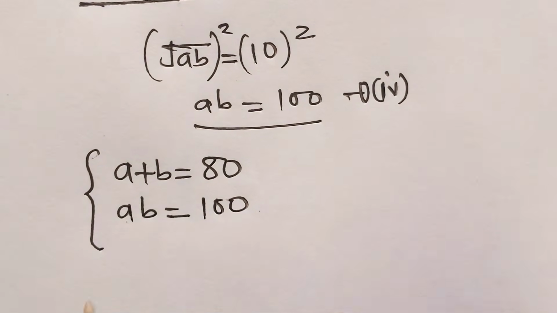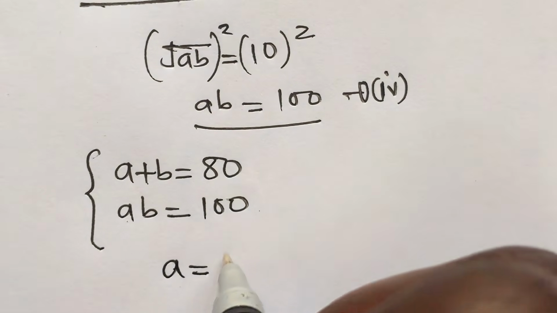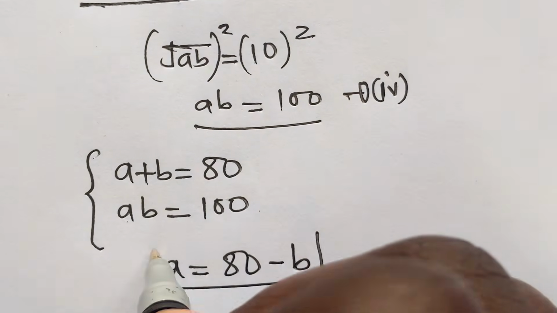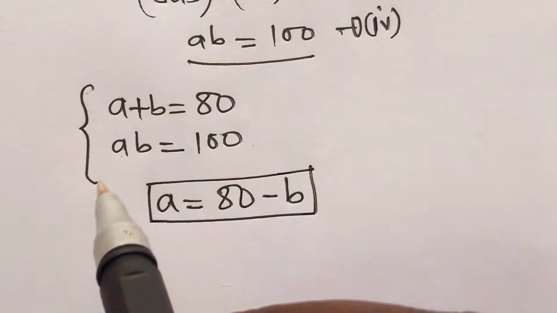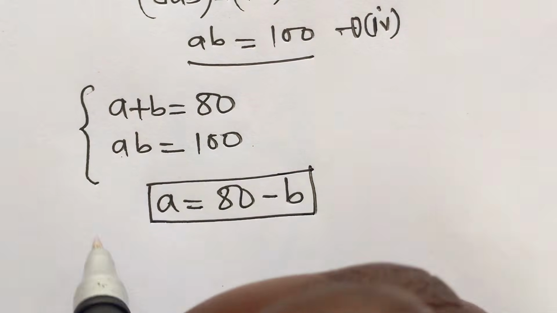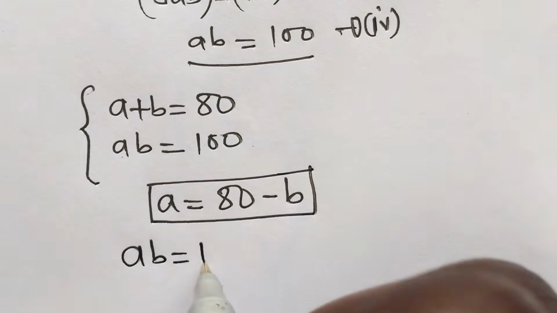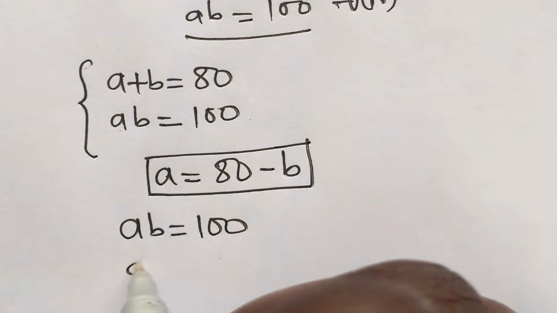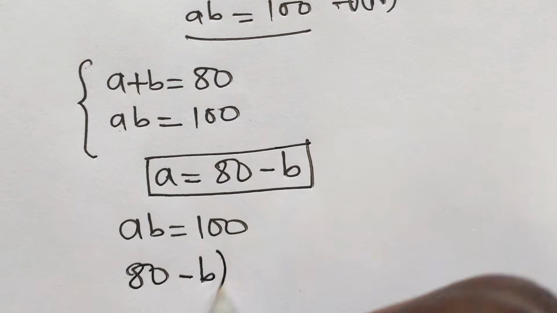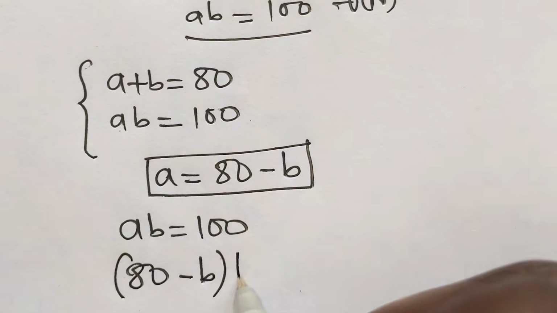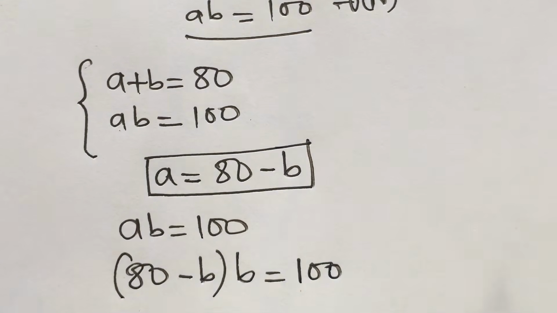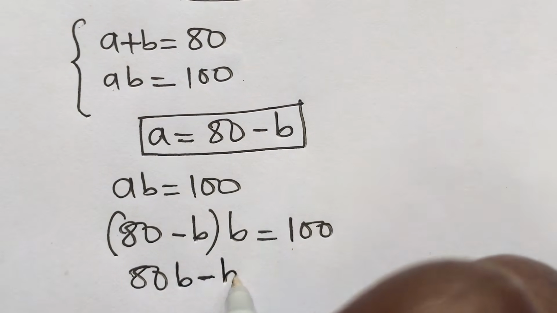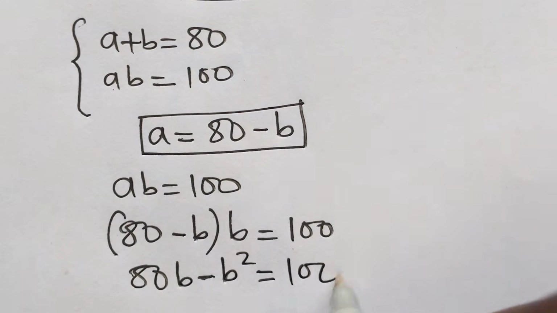We can find the value of a, which is equal to 80 minus b. Then we shall replace it in the second equation where ab equals 100. Then a will be replaced by this one, 80 minus b times b equals 100. Then 80b minus b squared equals 100.